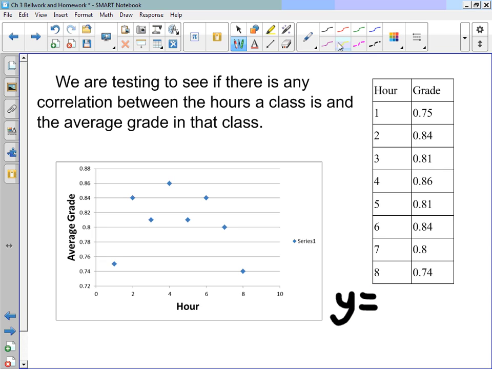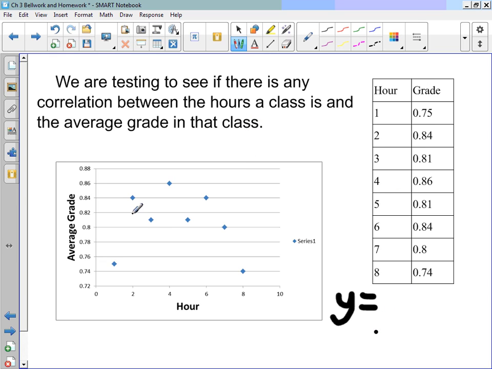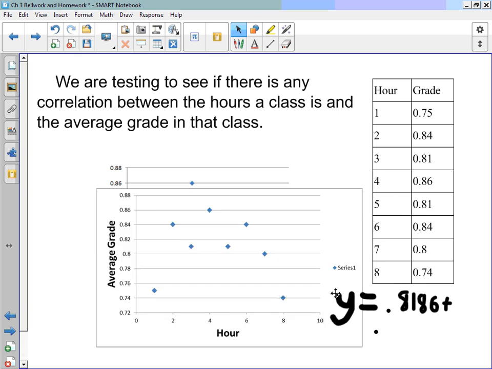Bear with me, guys. y equals 0.818, let's add the 6. We'll put a 6 there. Plus, I'm running out of room. Let's do this down here.